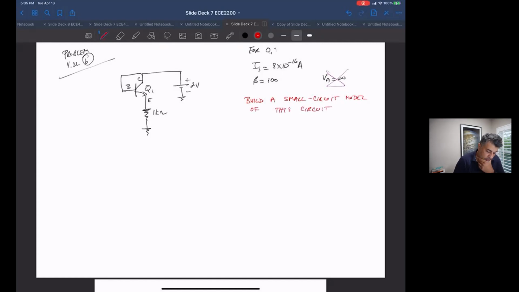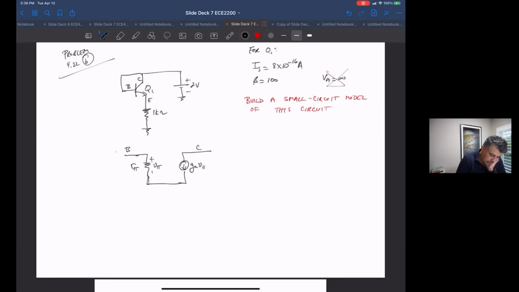So what is the small signal model? Let's draw it first, and then we talk about how to get the different parameters. In the small signal model, we have the base, there is a resistor R sub pi in the base, and there's a current source going to the collector.